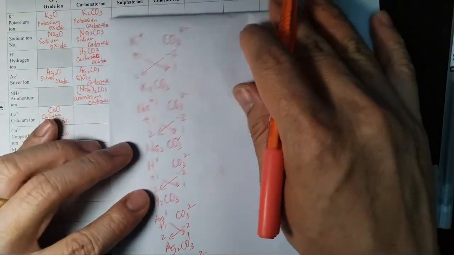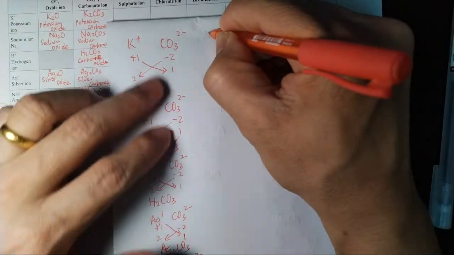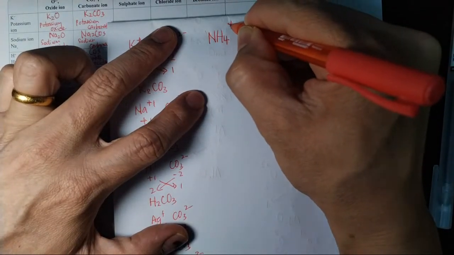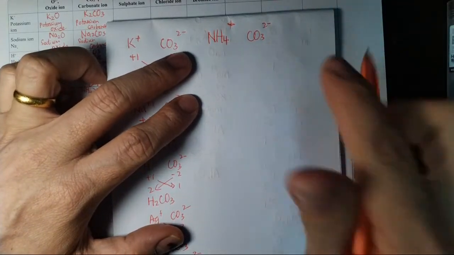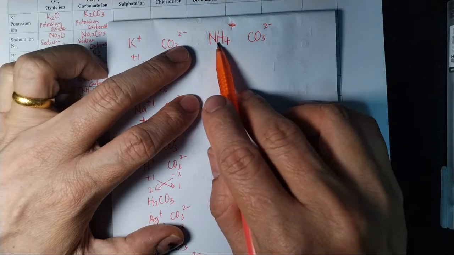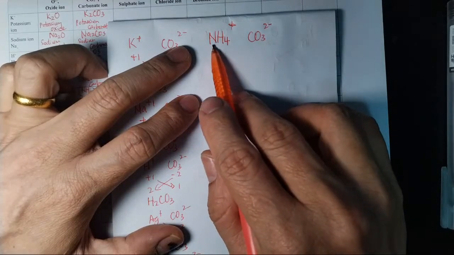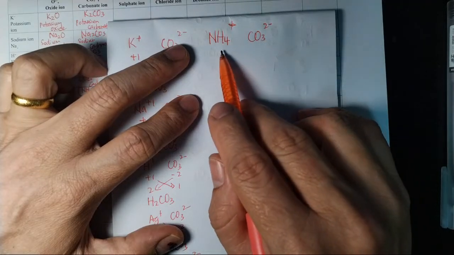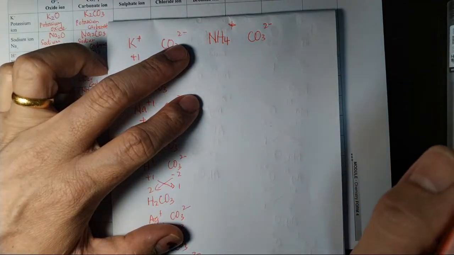Okay, what condition do we need to put a bracket? For example, I show you this example again. Ammonium carbonate. Ammonium is NH4 positive one, right? Then carbonate 2 negative. If like this, you see the formula here, both are capital letters, meaning that they have 2 elements inside here. This one also. Meaning that if the number is more than 1, like say 2, 3, and so on, you need to put a bracket for it.